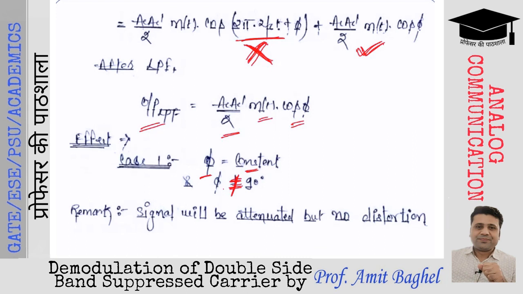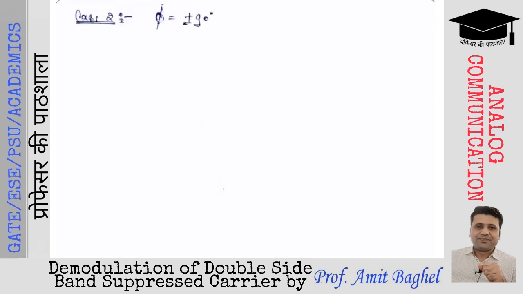And now we are taking a very important case. We are considering a very important case when the phase error phi is equal to plus or minus 90 degree. Now, when we take the value of phi as plus or minus 90 degree, cos phi will be equal to 0. Hence, the output of the low pass filter will be 0.